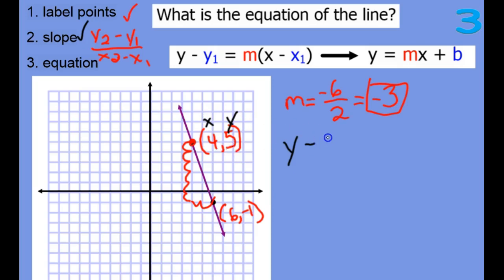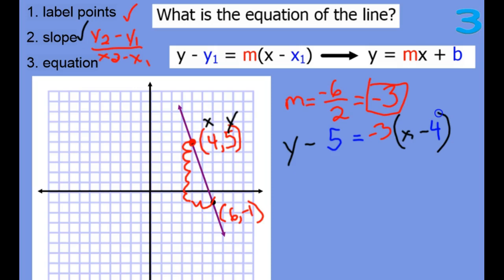So y1 is 5, equals our slope, or our m, which is negative 3, times our x minus x1, which if this was y1, this would be x1, which is 4. So that's our point-slope form equation.